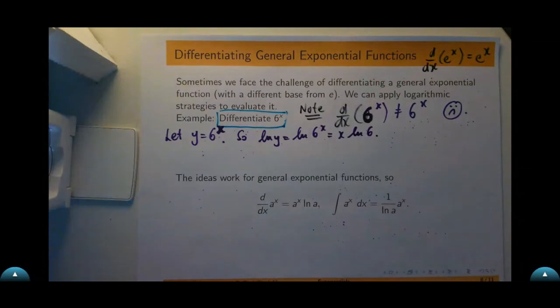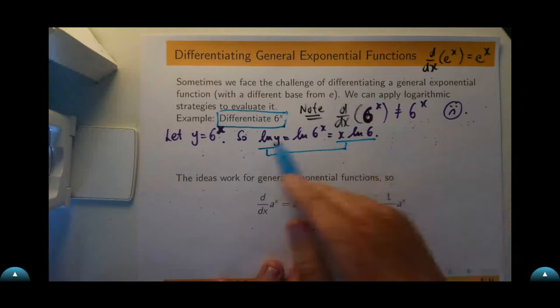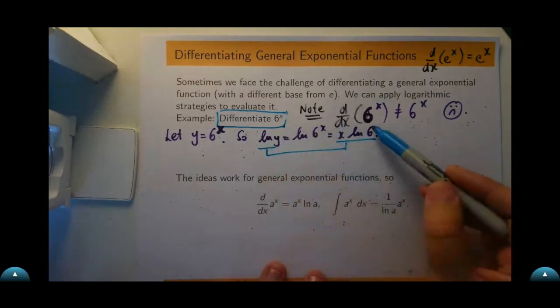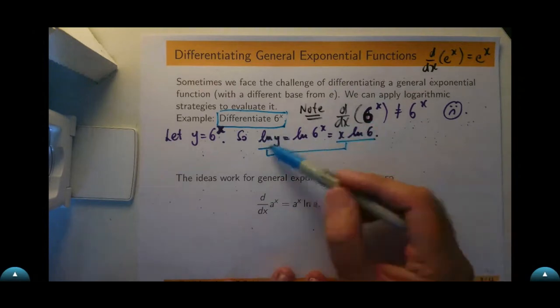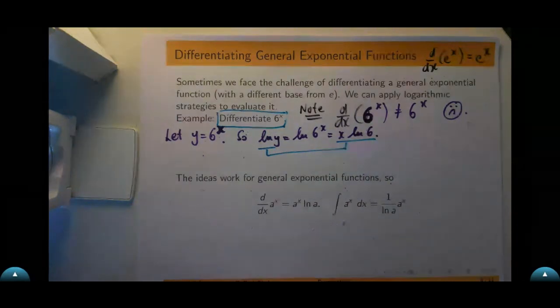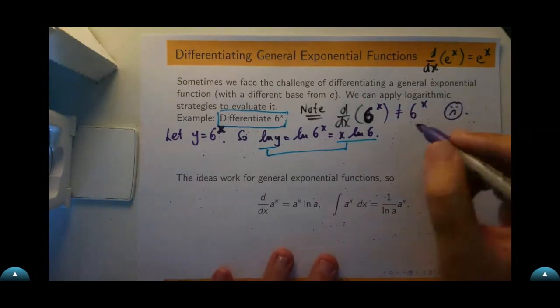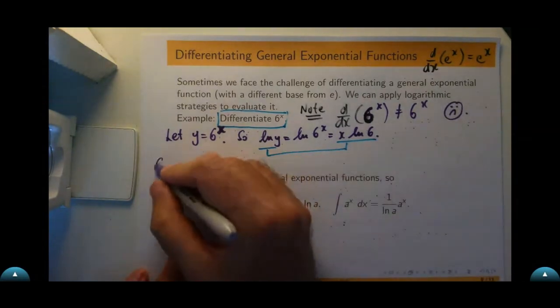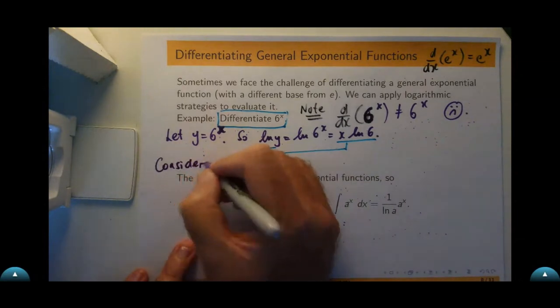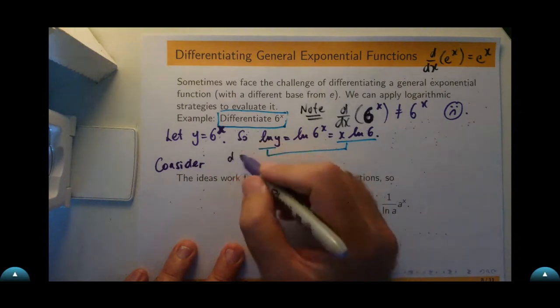So what I'm going to do is differentiate both sides of this with respect to x. It's easy to differentiate this; it'll just be natural log of 6. This one, we use the chain rule.